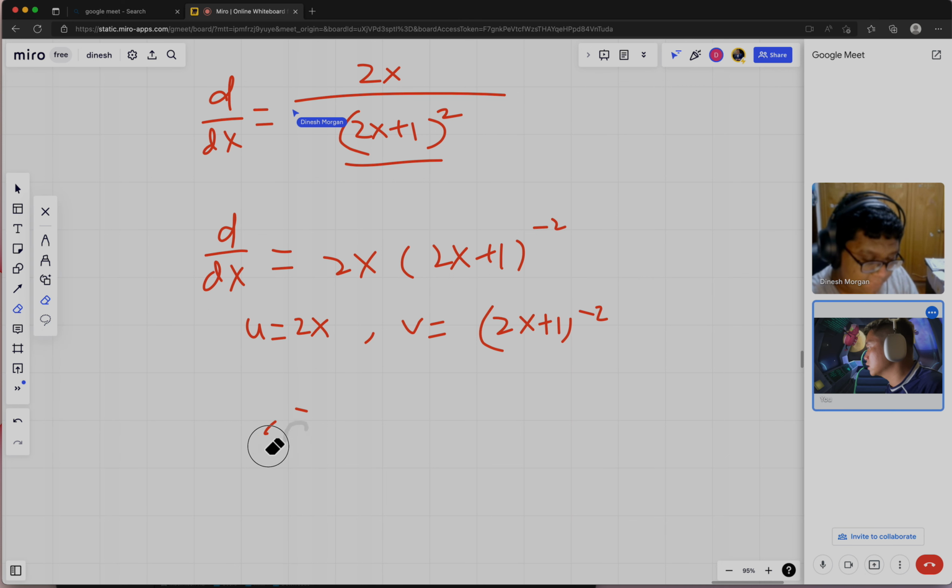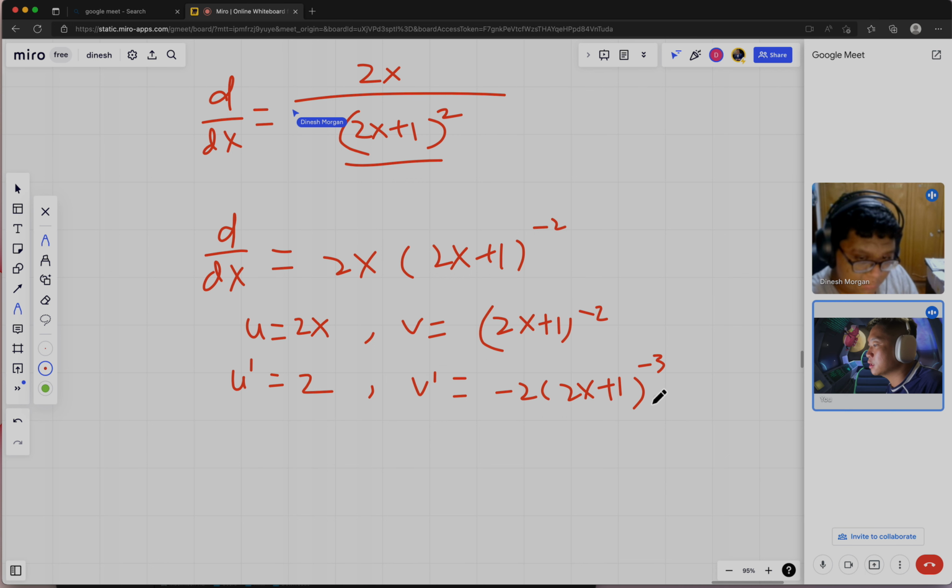It's faster to just do u prime is 2, v prime is negative 2, then 2x plus 1, bring the power down, then minus 1, and then times 2.